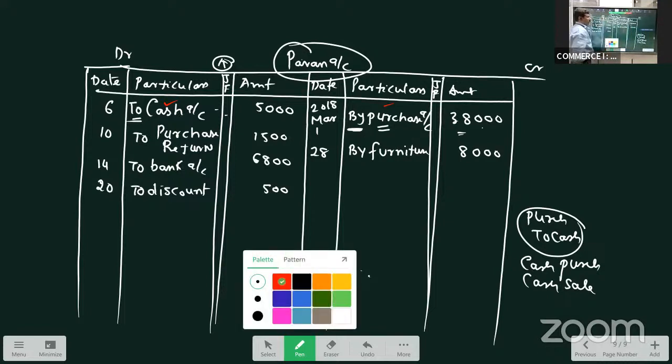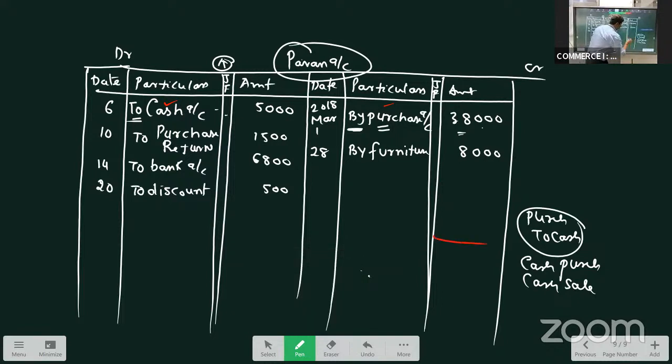So obviously, the credit side is heavy. So I'll write on the credit side 46,000. The same amount we have to write here also.